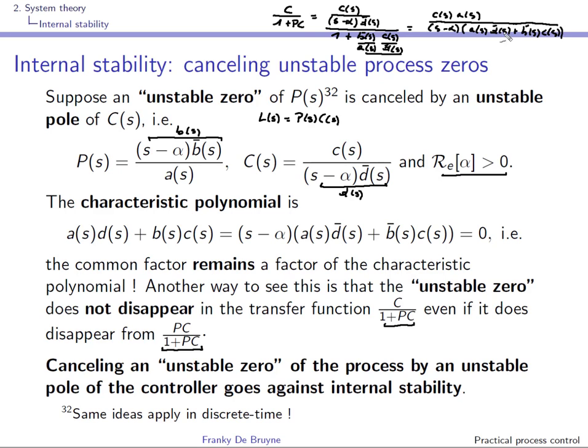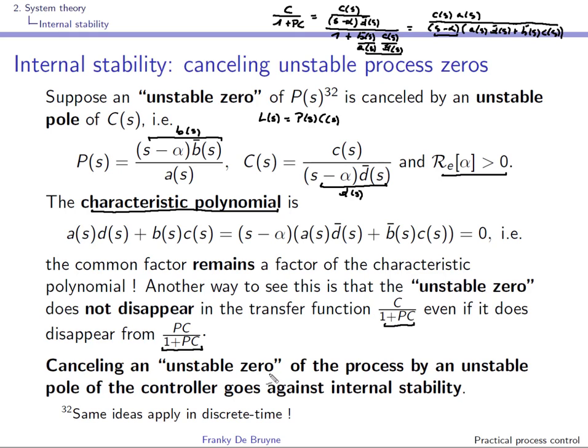This is again the denominator of this transfer function, and this is called the characteristic polynomial. As you can see, s minus alpha is not disappearing from this characteristic polynomial, and you'll find it at the denominator of this transfer function. So this means that, as alpha is to the right of the imaginary axis, this transfer function will be unstable.